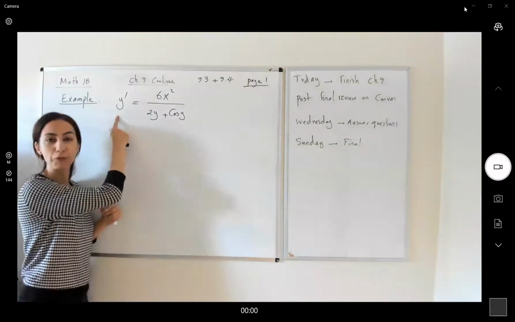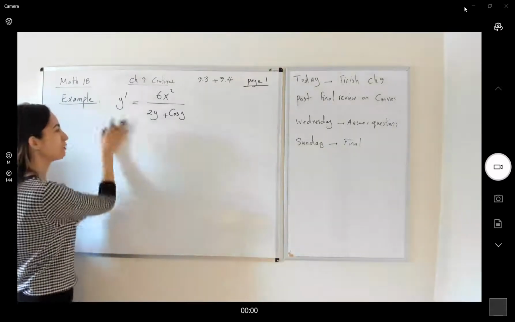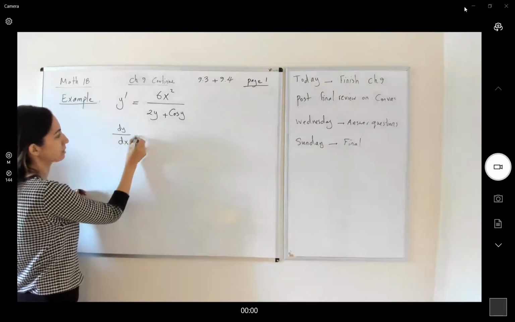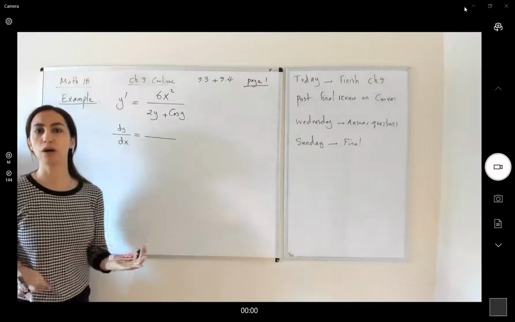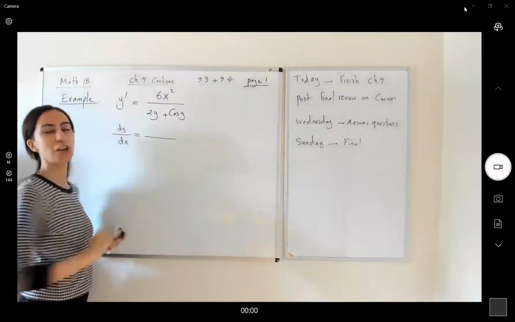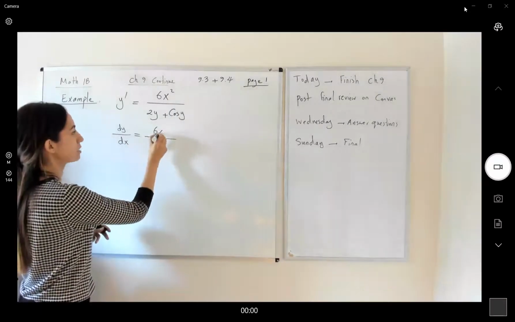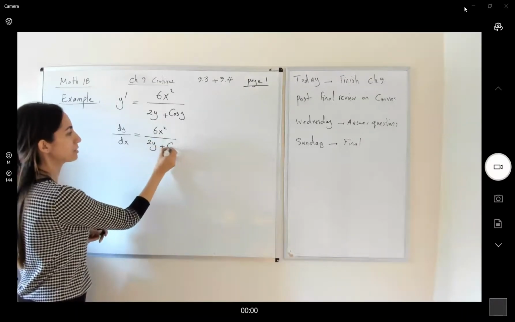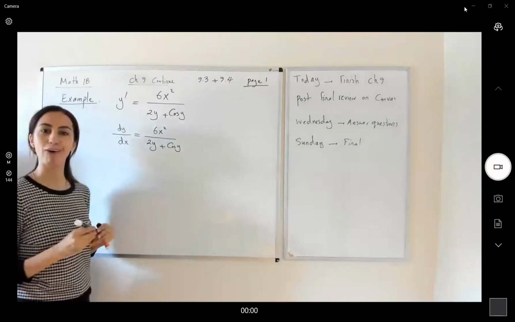First of all, you have y prime. Y prime is dy over dx. On the right-hand side, you copy down your rational expression, which is 6x squared divided by 2y plus cosine of y.